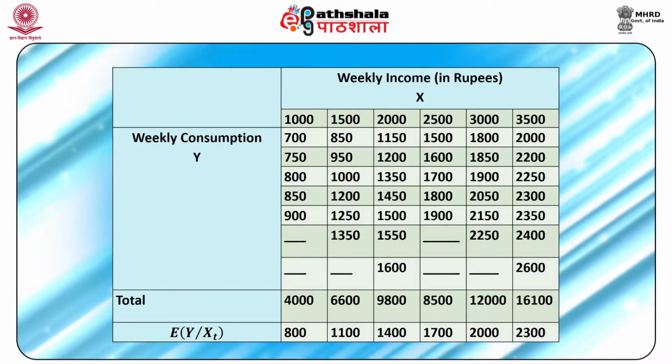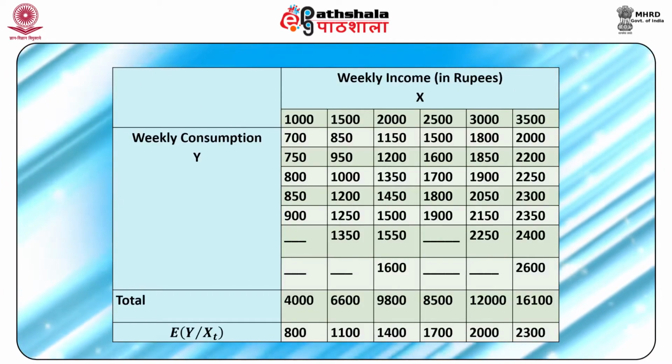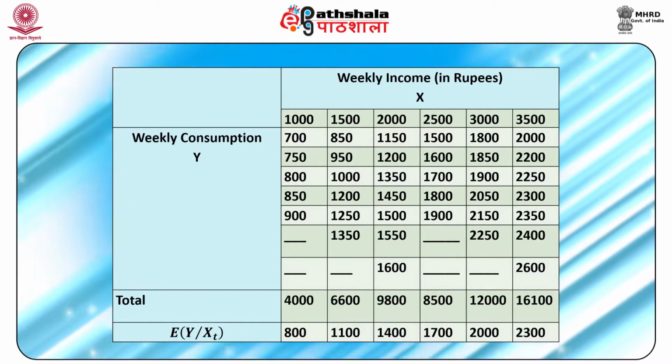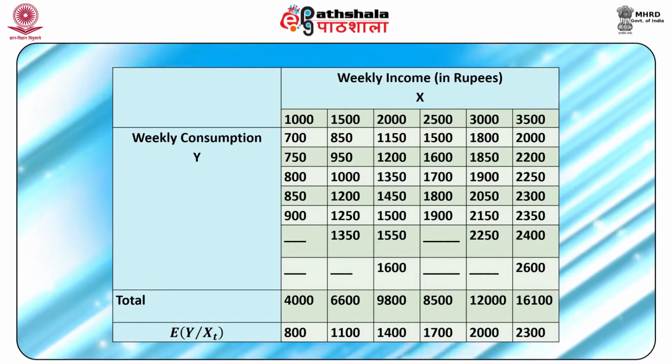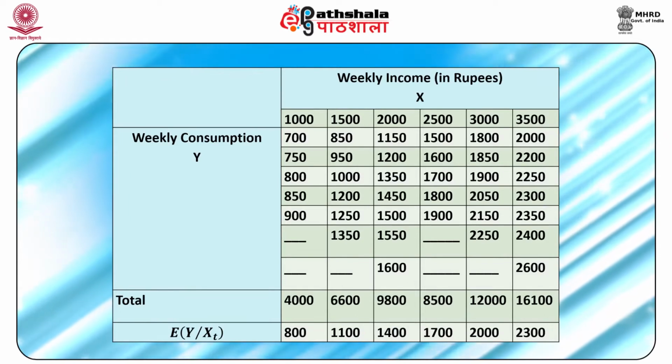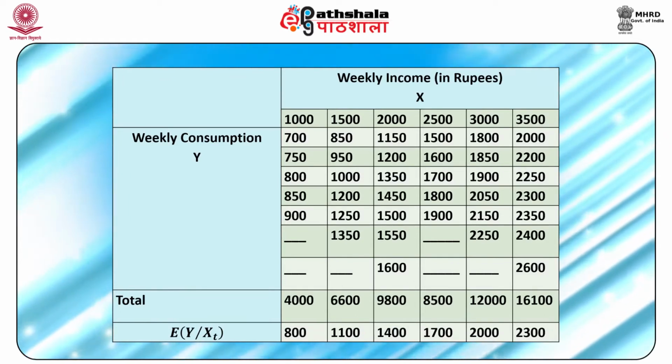Now in regression analysis you will find that our main aim is to estimate and or predict the population average mean value of the dependent variable based on the known values of the explanatory variables. We consider in our table 1 an illustrative example of the weekly income X and of weekly expenditure on consumption of a hypothetical community.